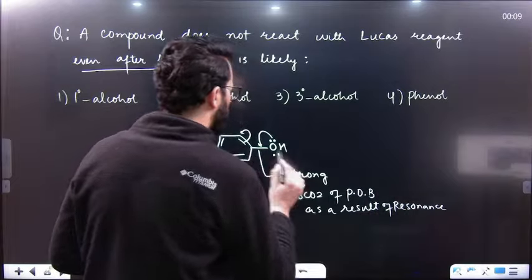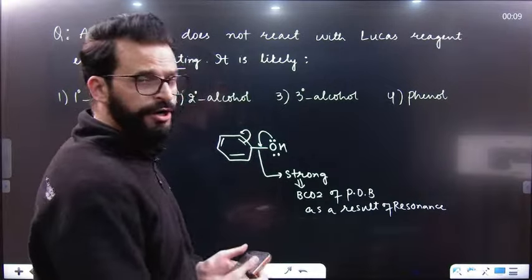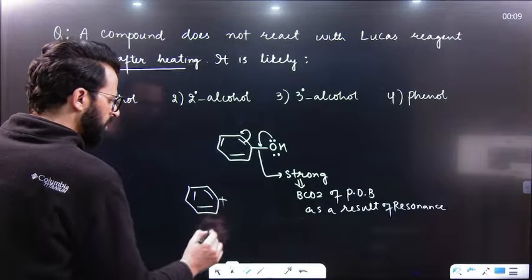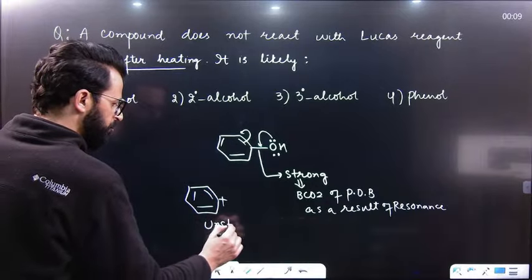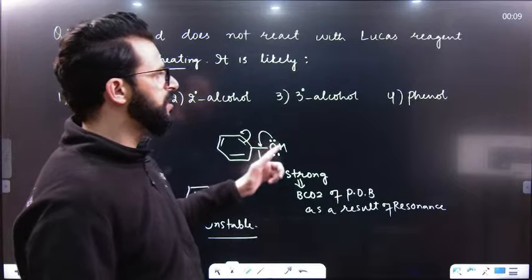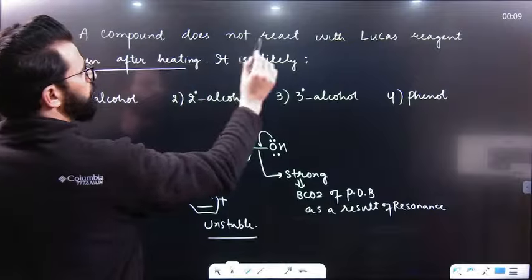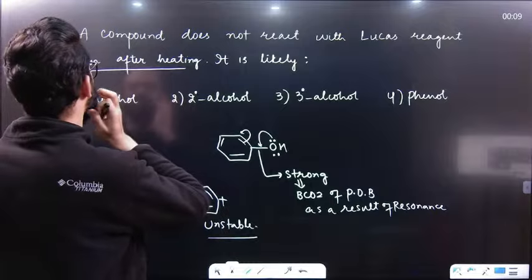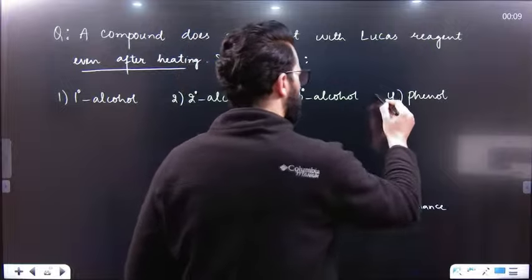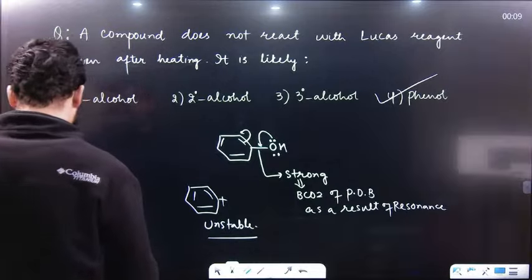So it cannot form a carbocation at all. Or even if we break this bond, the carbocation formed is highly unstable. So whenever the carbocation is unstable or we cannot break the C-O bond, it will never form turbidity with Lucas reagent. So this will be our product.